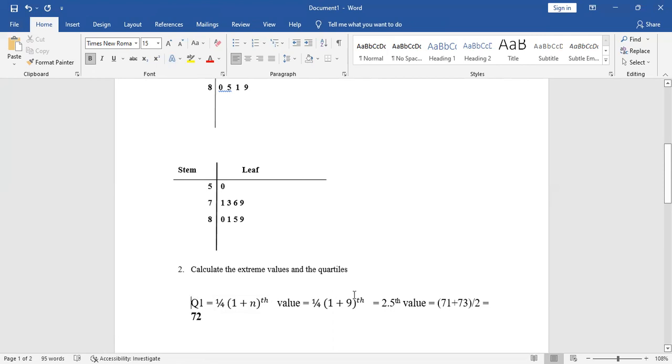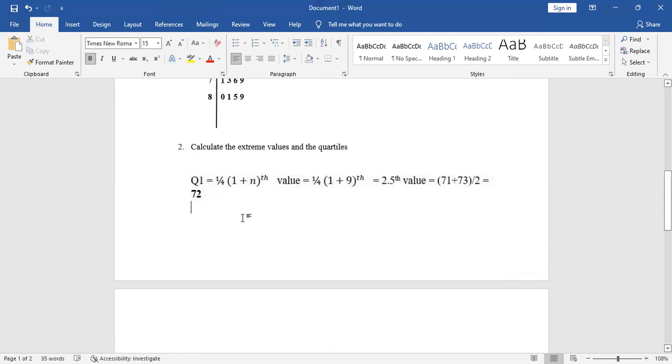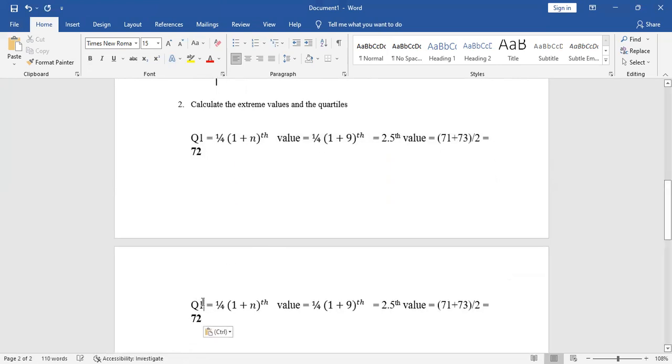We can get the second quartile, or what is known as the median. So I'll change there.